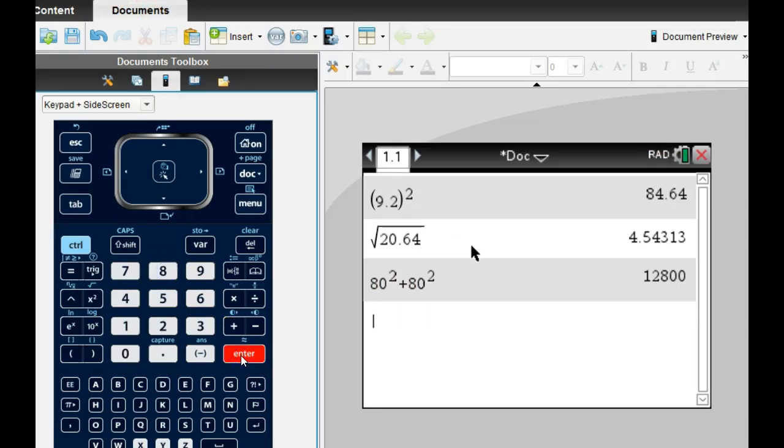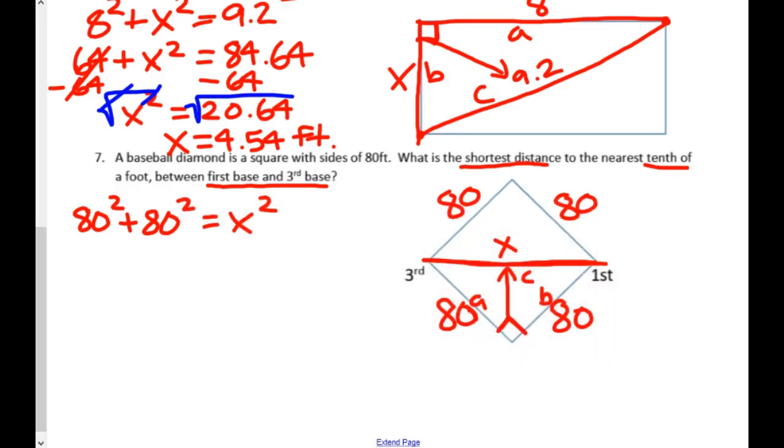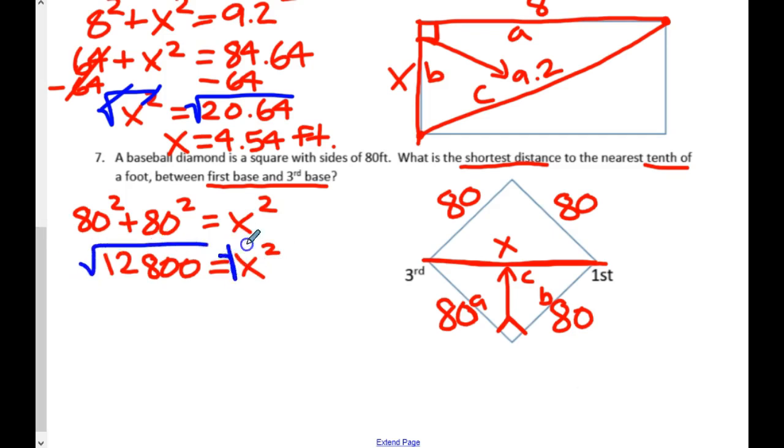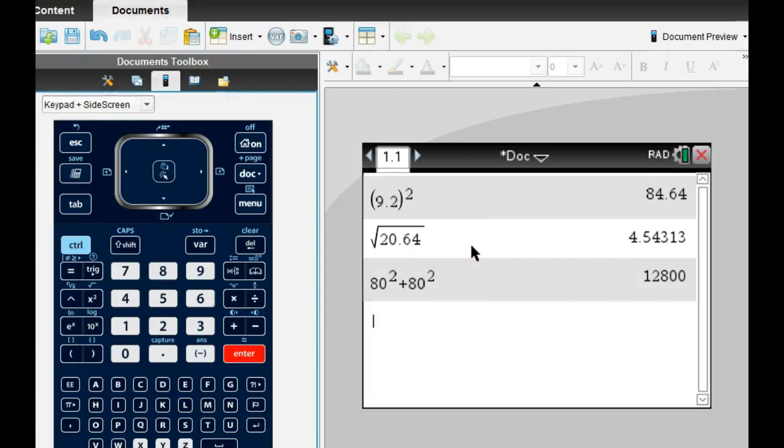I get 12,800 equals x squared. And again, to get rid of the squared part, I use a square root. So now I have x equals the square root of 12,800.